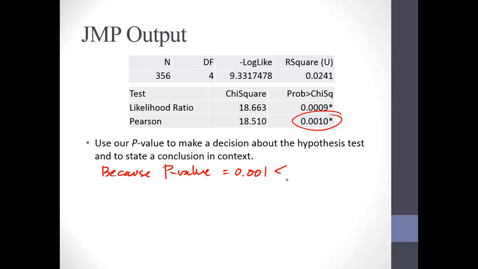So because our p-value is less than alpha equals 0.05, what are we going to do? Somebody in the back, what are we going to do? Reject or fail to reject? Reject, thank you, yes. So because our p-value is really small, we want to reject the null hypothesis. And then we want to say exactly what that means. So if we reject the null hypothesis, that means we're instead going with the alternative.